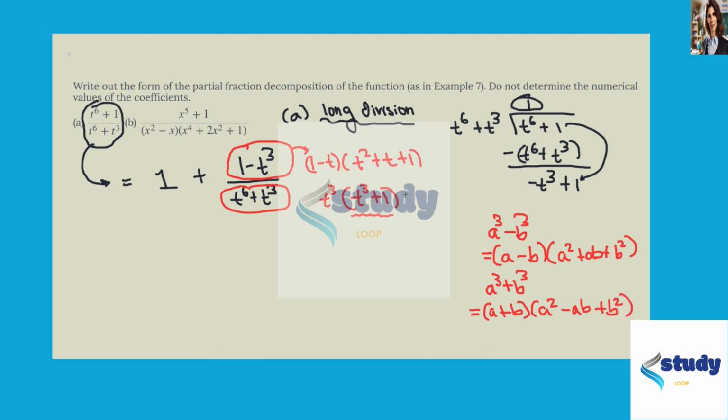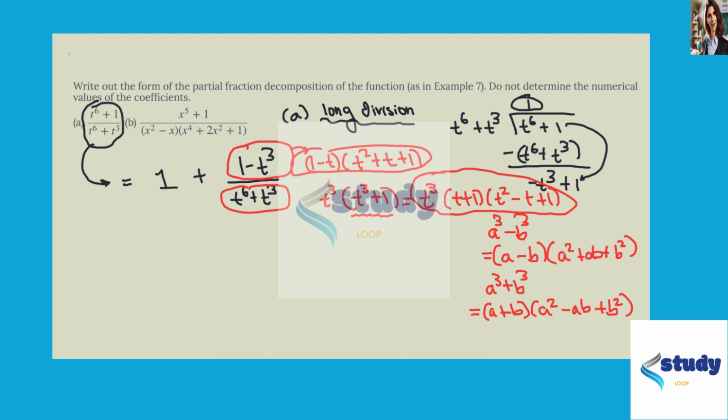So we can go ahead and write this as t cubed, t plus 1, t squared minus t plus 1. And we see that there will be no cancellation here if you compare these circled terms. But at least we've simplified the denominator.